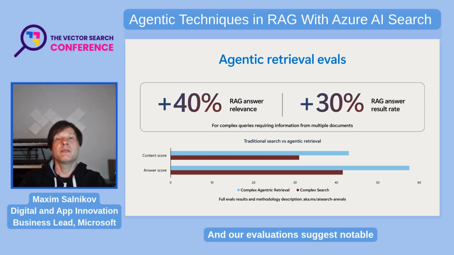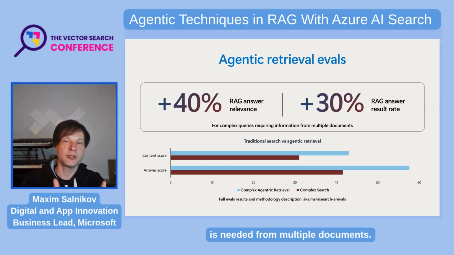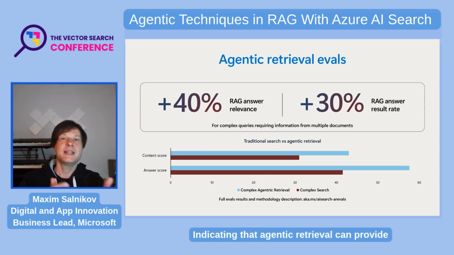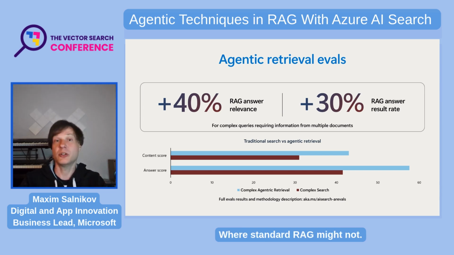Our evaluations suggest notable improvements with agentic retrieval. For complex queries where information is needed from multiple documents, we witnessed an approximate 40% increase in answer relevance compared to standard RAG. Additionally, there has been about a 30% improvement in answer rate, indicating that agentic retrieval can provide answers in scenarios where standard RAG might not.